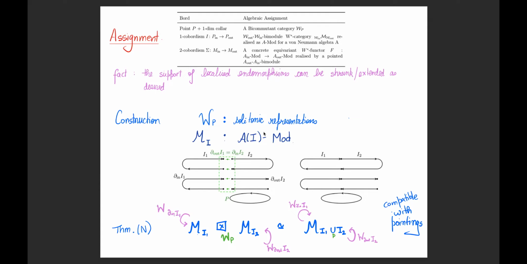And this category I will call W_P. And I now have to assign something to one manifolds, and I assign the category of A(I)-mod. I had already told you that given a conformal net, given an arbitrary one manifold, I can make an algebra A(I), and the module category will be A(I)-mod.